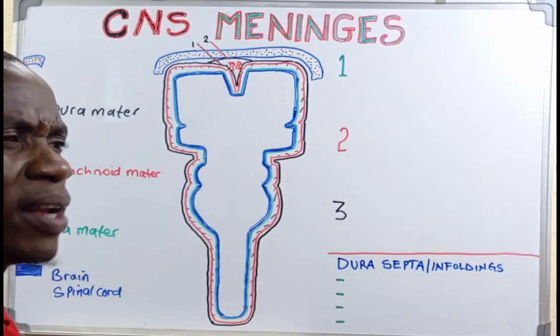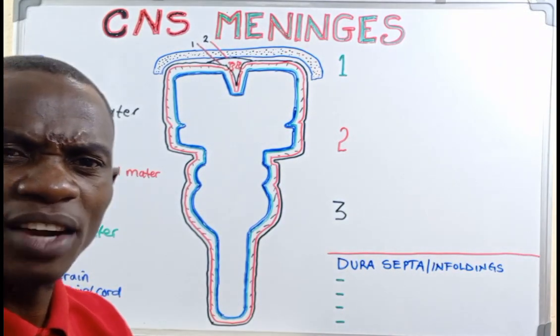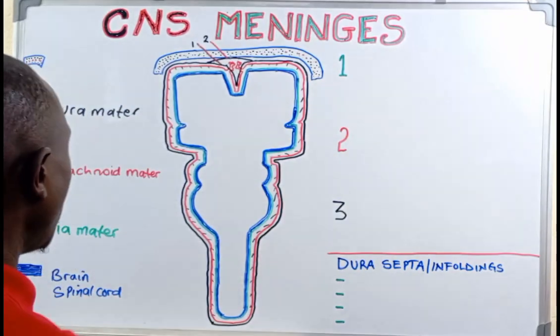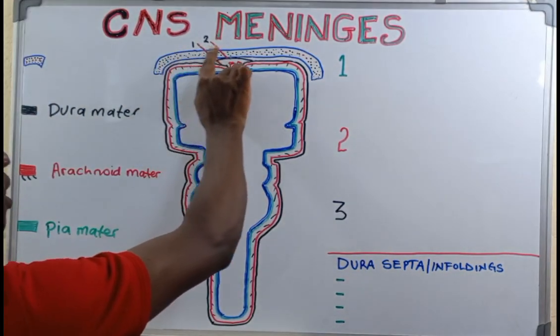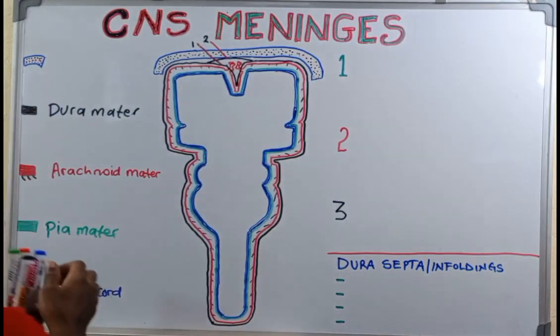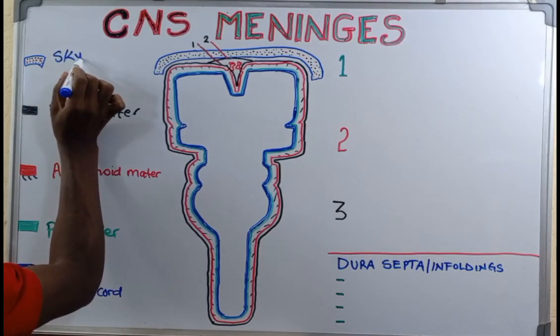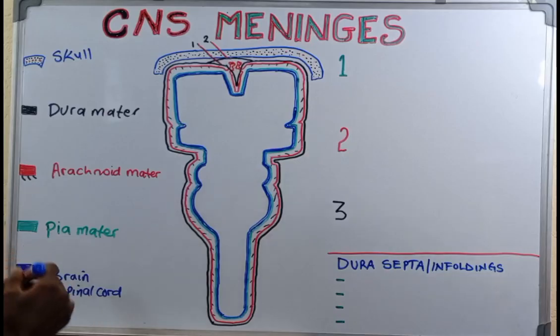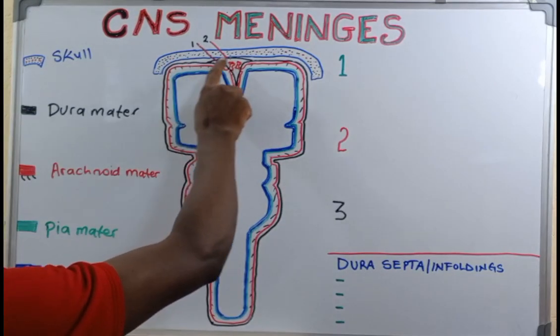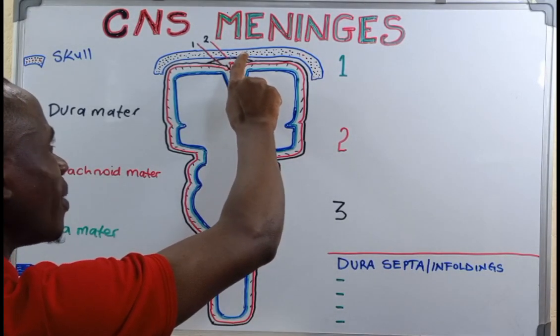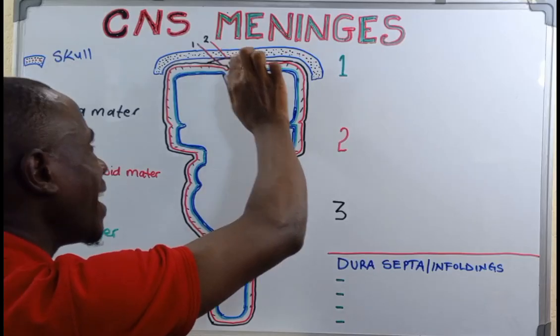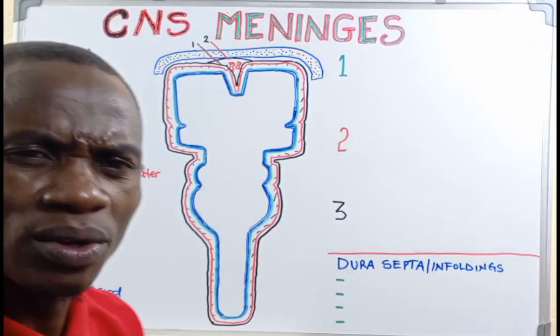We're going to see, when the dura mater separates, which two layers it makes. When you see the whole of this structure here, this is what we call the skull. The dura mater layer that is adherent to the skull, you know how it is called?